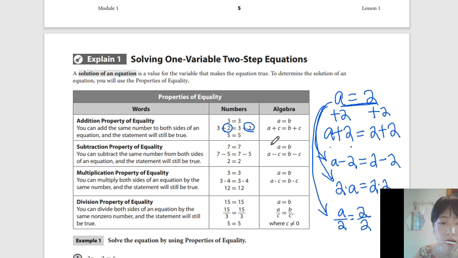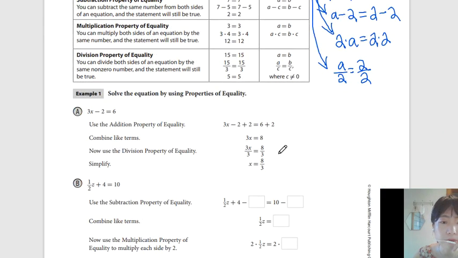We're going to use that to solve equations in example 1. Example 1a, we have 3x minus 2 is equal to 6. We're going to use the addition property of equality. In order to solve for your variable x, you need to get rid of this negative 2 and the 3, right?